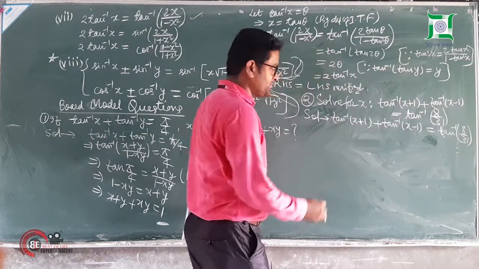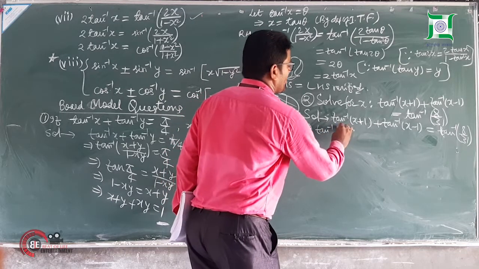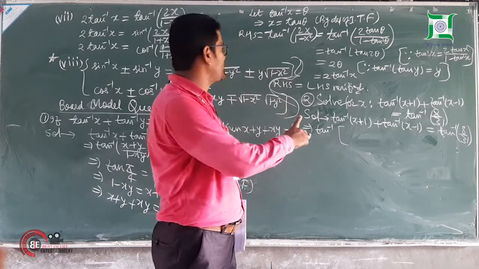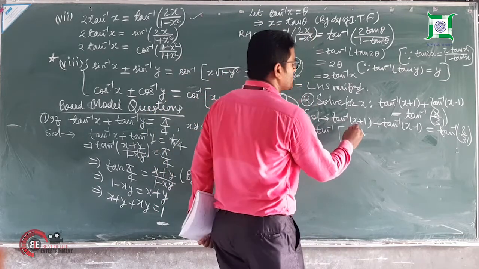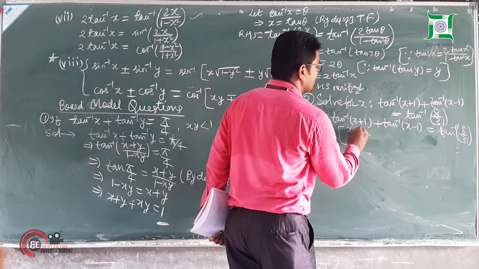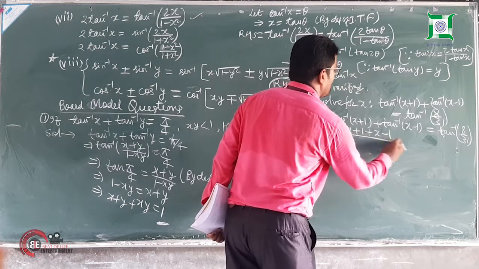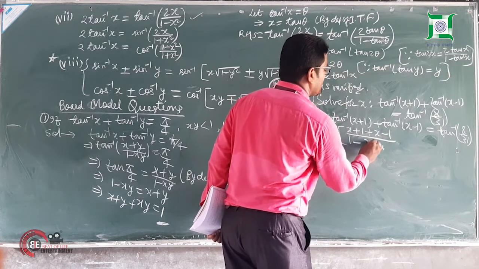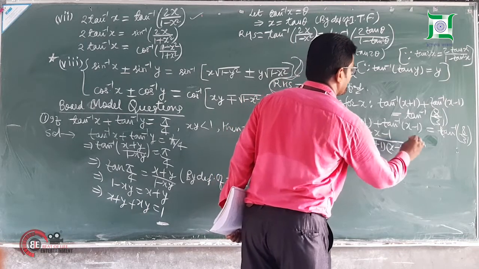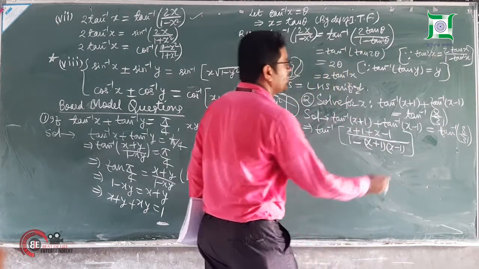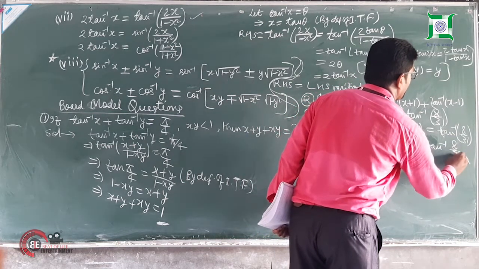Now can we apply tan inverse x plus tan inverse y, tan inverse (x plus y) by (1 minus xy)? So we have to write tan inverse of (x plus 1) plus (x minus 1) by 1 minus (x plus 1) into (x minus 1), that is equal to tan inverse 8 by 31.